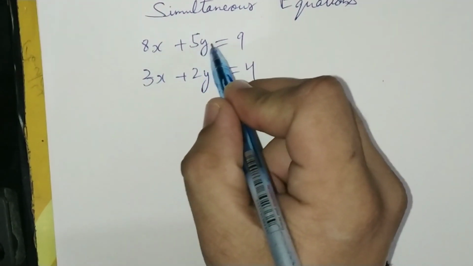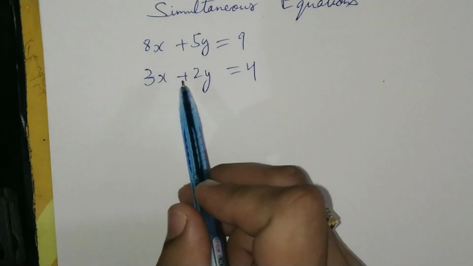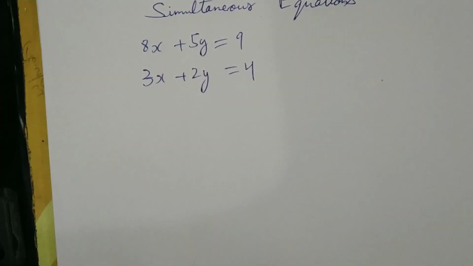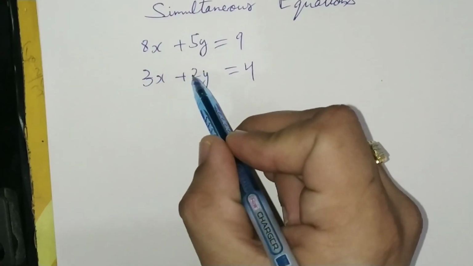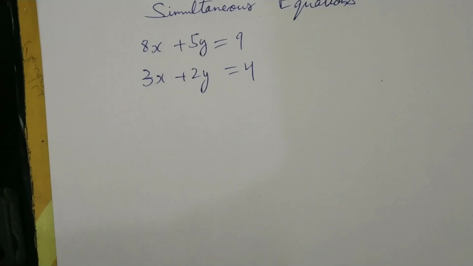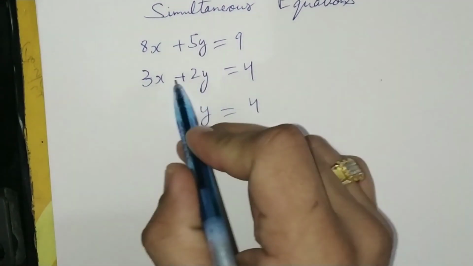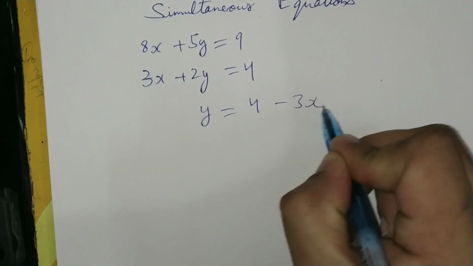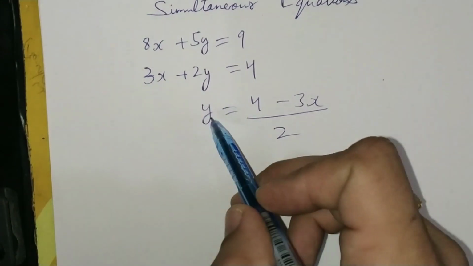For example, this is equation number 1, this is 2. The most feasible value which I found is the value of y, because it will take 2 in the denominator. So from here we can calculate the value of y: 4 minus 3x, divided by 2.